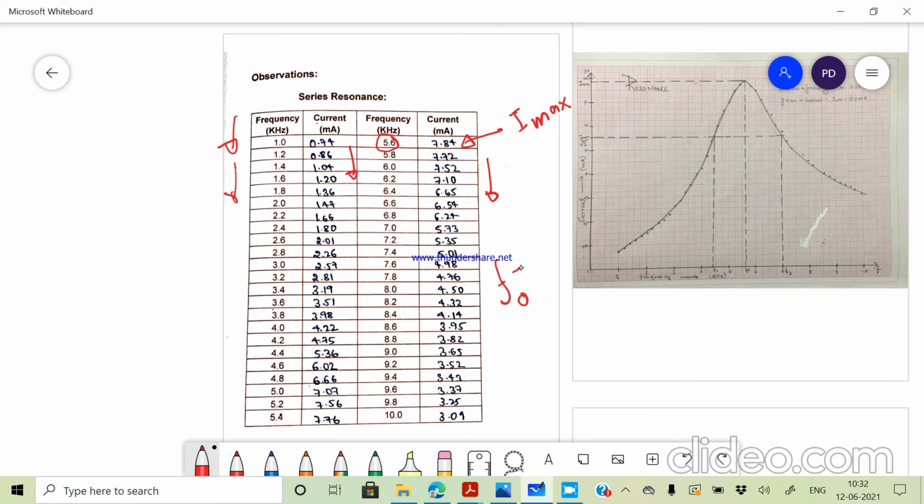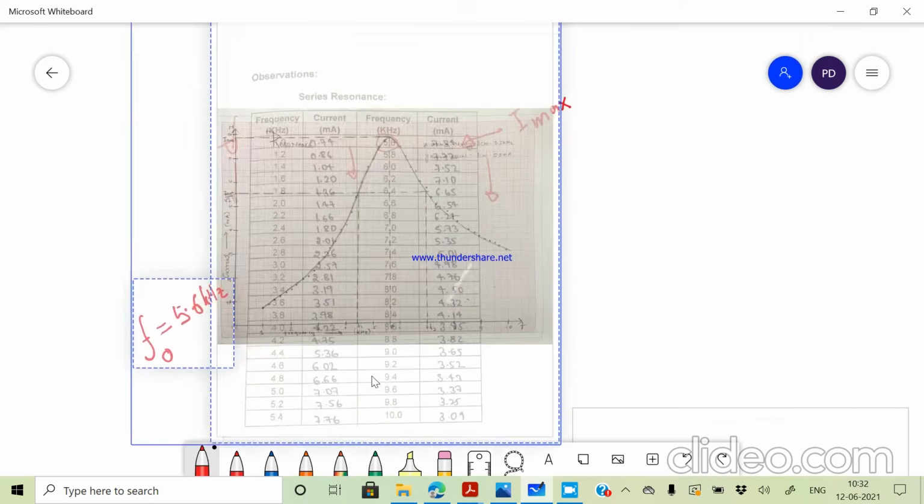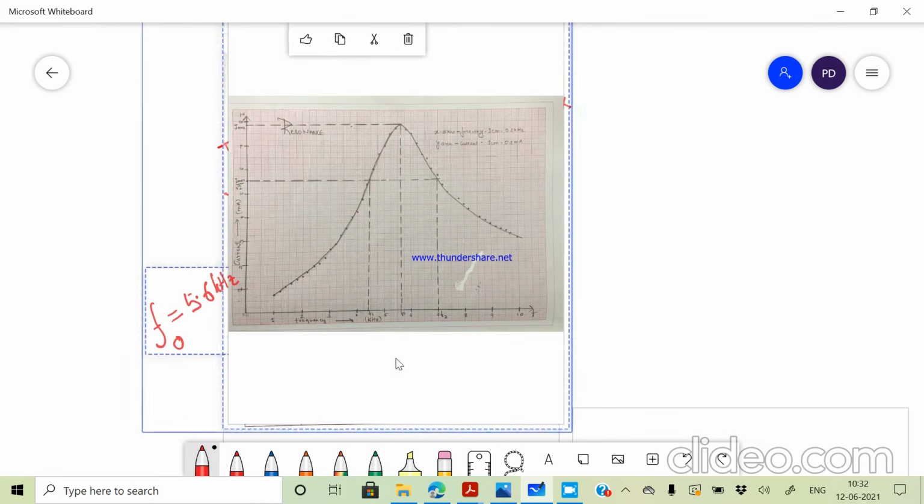We call it F naught, 5.6 kilohertz. Now we are going to plot the frequency versus current. Let me show it.